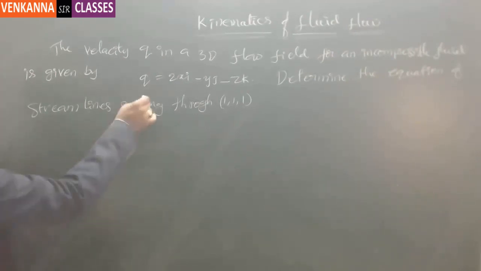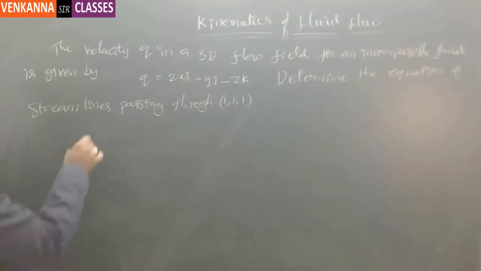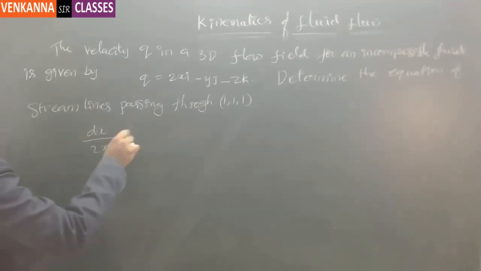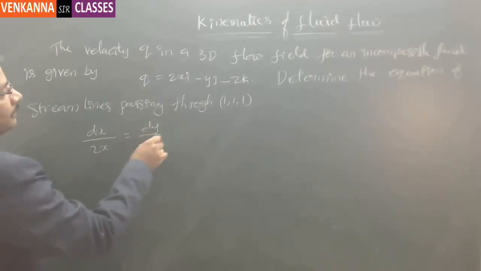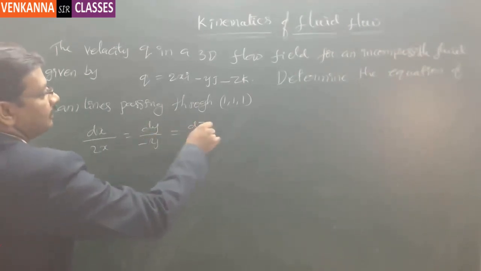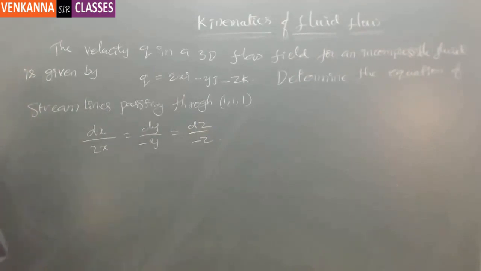Okay, see this, q is given. Now the equation of the streamlines are dx by u is equal to dy by v is equal to dz by w. So this is the initial condition. Now you can take any two out of this.